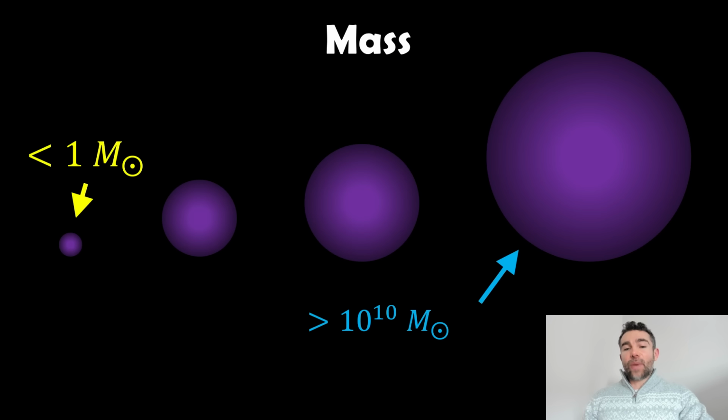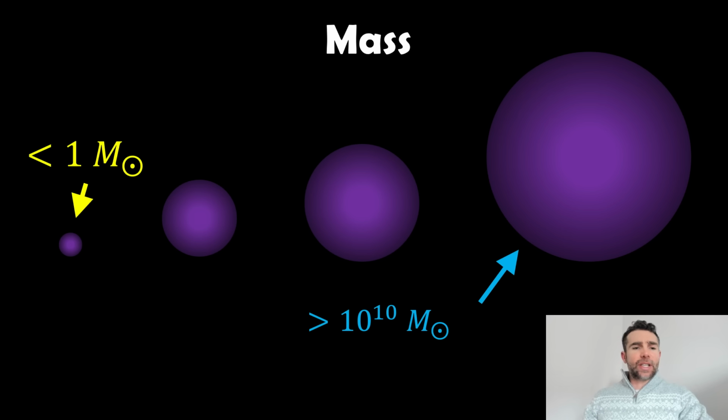So the first thing we can classify a black hole by is its mass. They actually have a huge range of masses. There's not just any one distinct size. For example, a neutron star has a very narrow band of mass in which it can exist. Black holes on the other hand can have such a wide spectrum, and they can be less than one solar mass.